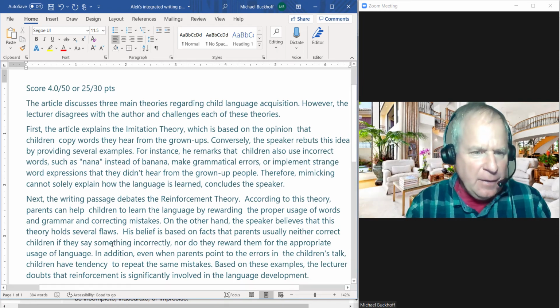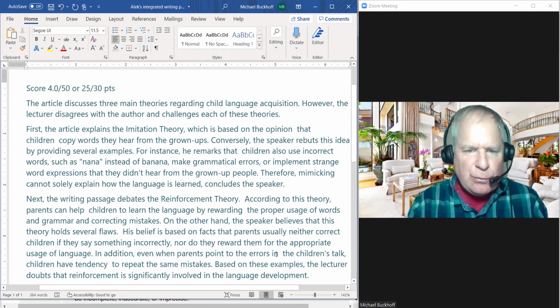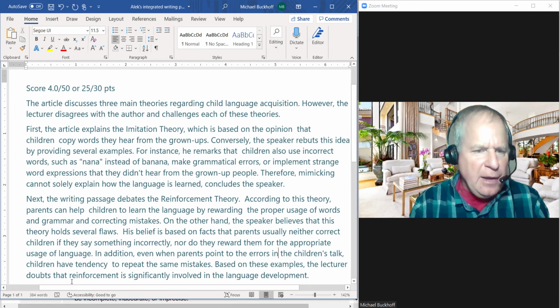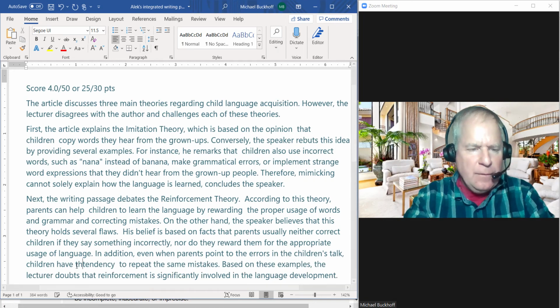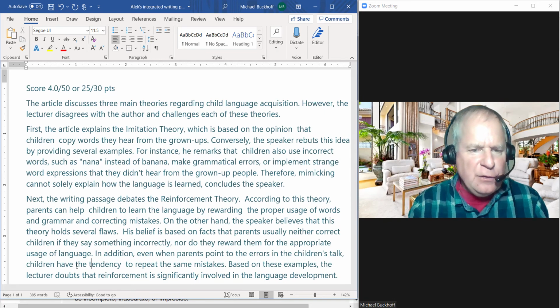Okay? So it says, in addition, even when parents point to the errors in the children's talk, children have the tendency to repeat the same mistakes.